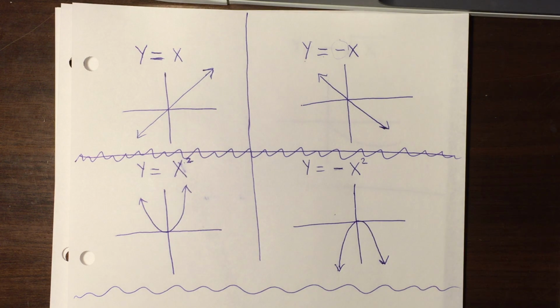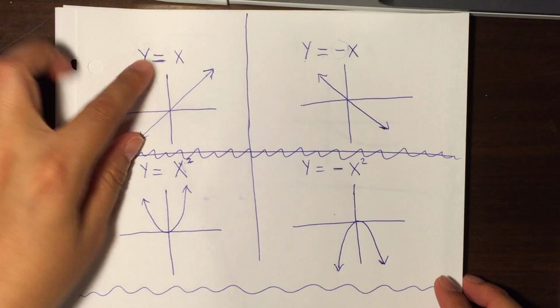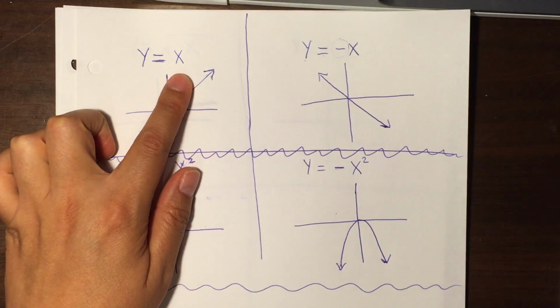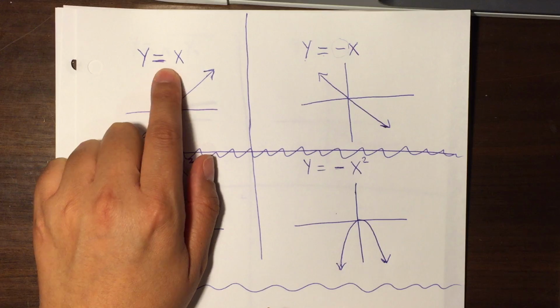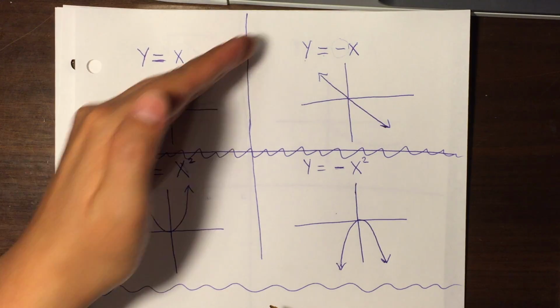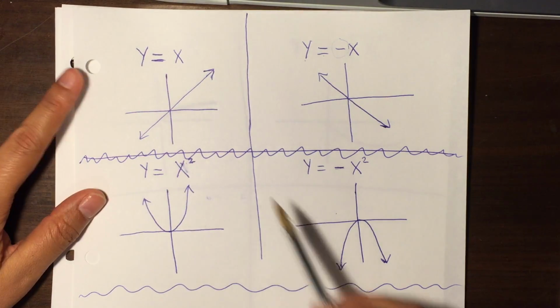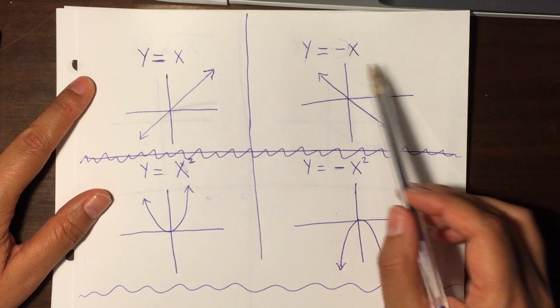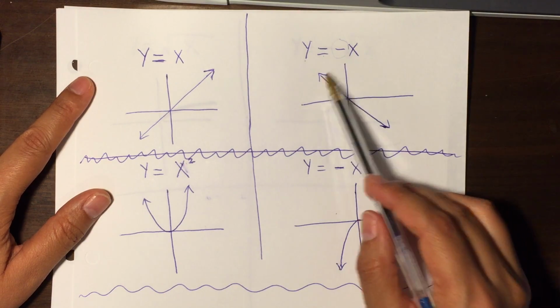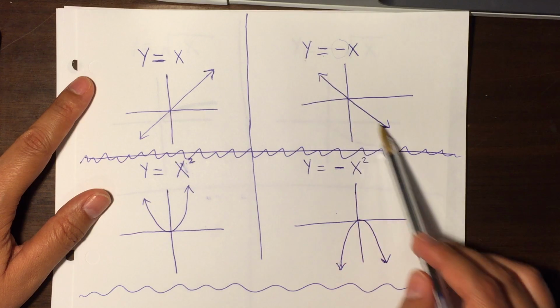I misplaced some. Okay, so it's down there. Sorry about that. So y equals x. It's a positive slope, just the regulars that we have been graphing, right? Negative slope, no exponent, is just a line.